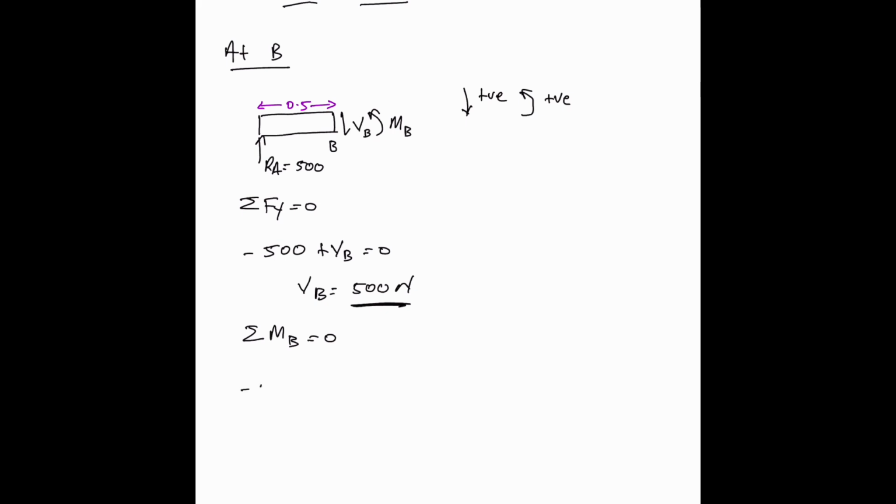So minus 500 by 0.5. That is this force by this distance, and the entire thing is removed. The moment is clockwise, so that's why it's negative. Plus MB equal to 0. So MB is 500 by 0.5, which is 250 newton meters. Always remember your units. So those are your values for shear force and bending moment at B.